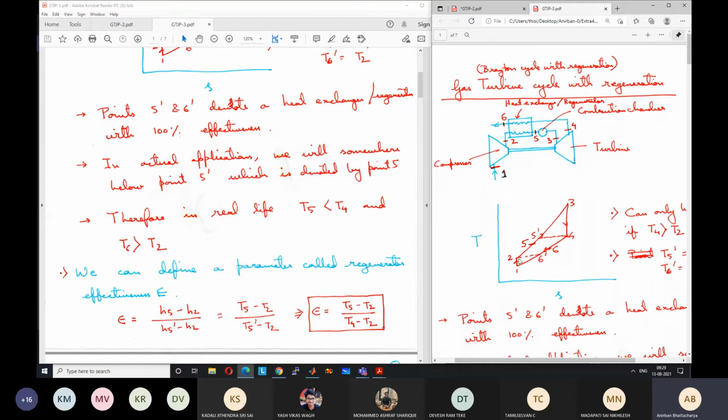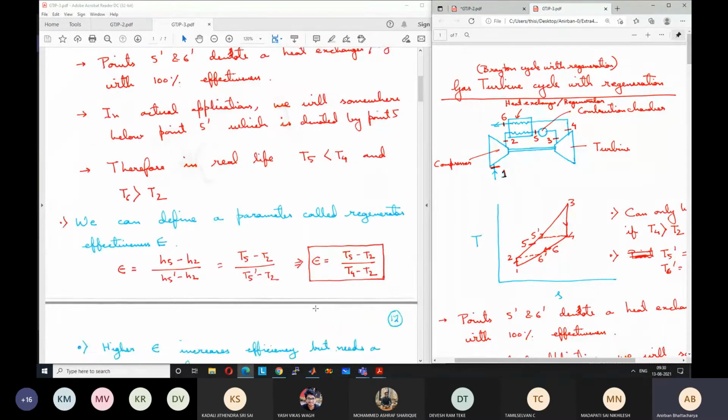The theoretical limit is 1, when 5 becomes equal to 5 dash. Assuming constant Cp, this can also be written as (T5 minus T2) by (T5 dash minus T2). Because we know that T5 dash is equal to T4, we can write this as (T5 minus T2) by (T4 minus T2). This is the heat exchanger or regenerator effectiveness.